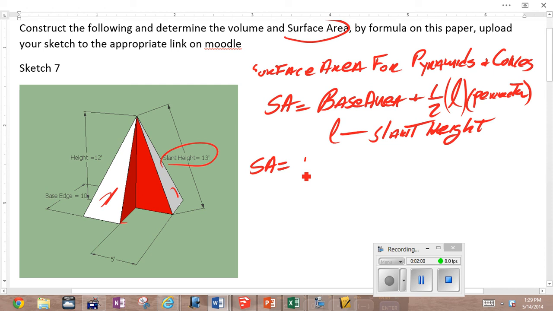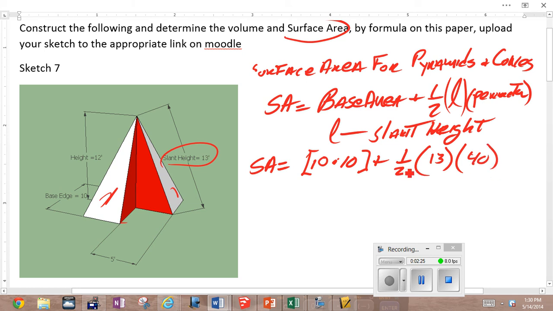So the base area, which is a square, 10 by 10, plus 1/2 the slant height, which is marked there as 13, times the perimeter, which is 4 lengths of 10, so that's 40.